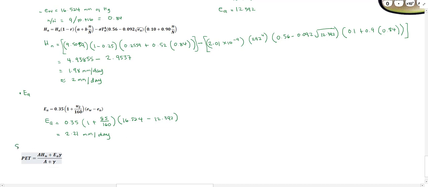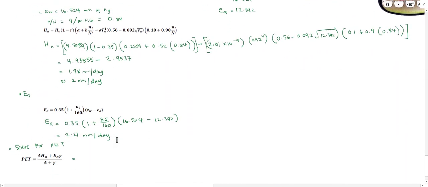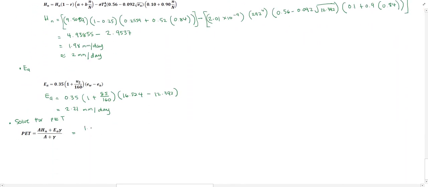So we are going to solve for PET. So our A is 1.01 multiplied by our HN, which is 2, and then plus E sub A is 2.21 times our gamma, which is 0.49, all over our A, which is 1.01 plus 0.49.